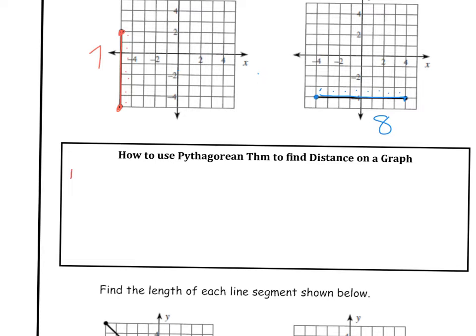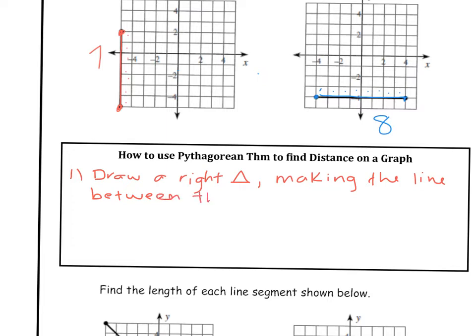So my first step is I want to draw a right triangle, making the line between the 2 points the hypotenuse.